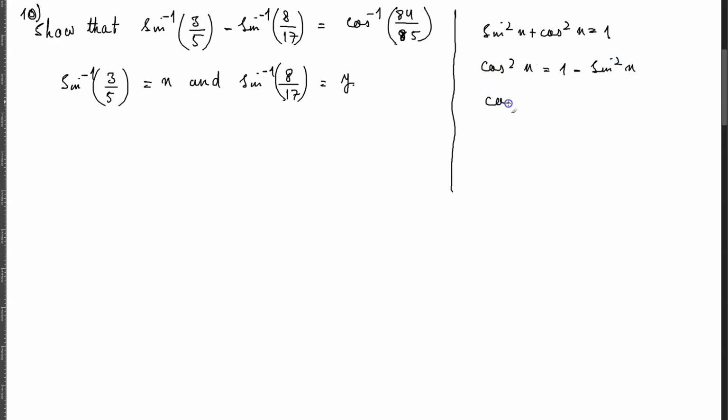Or you can say that cos x is equal to plus or minus the square root of 1 minus sine squared x. So that you already know.